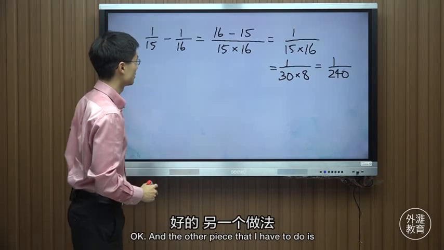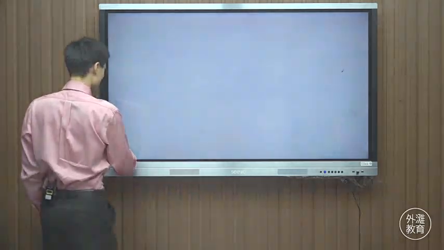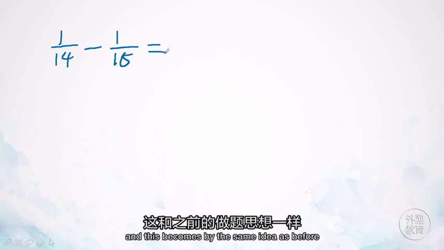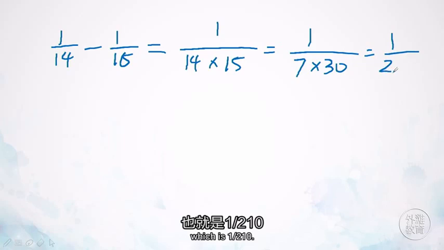And the other piece I have to do is 1 over 14 minus 1 over 15. Okay, and then this becomes, by the same idea as before, 1 over 14 times 15, which is going to be 1 over 7 times 30, which is 1 over 210.